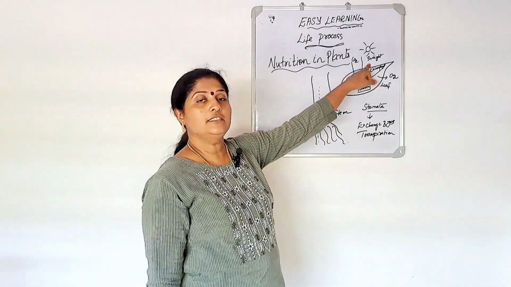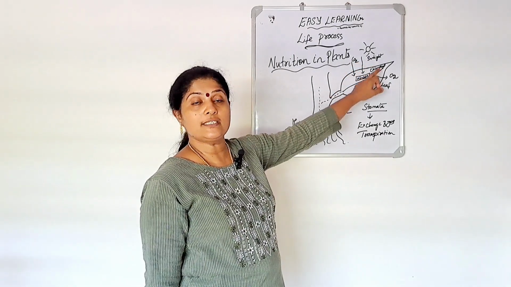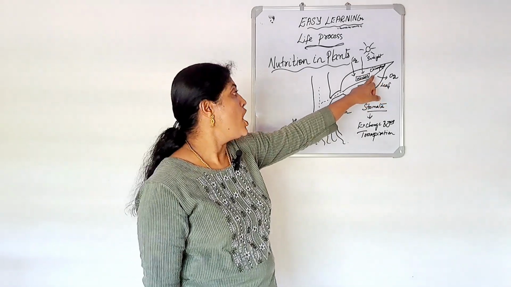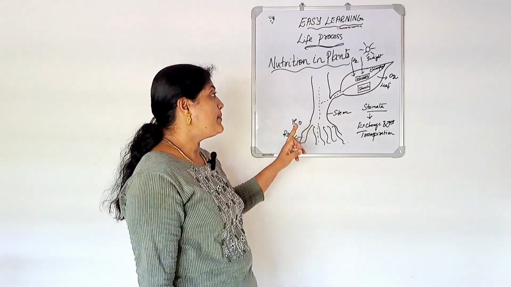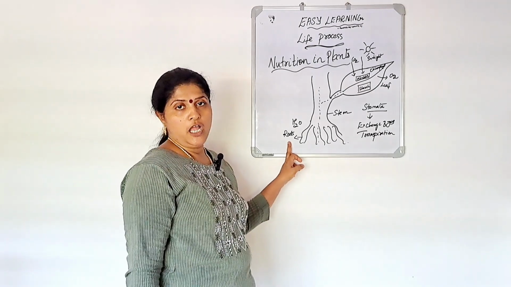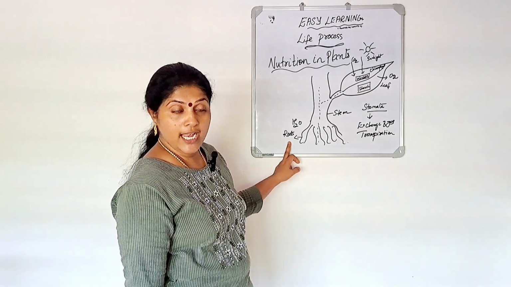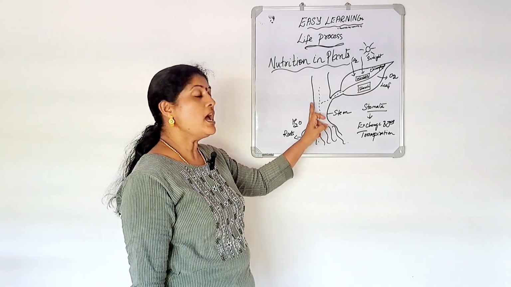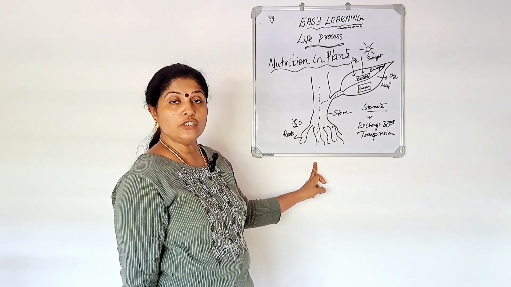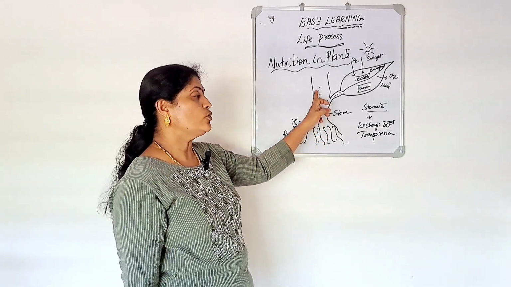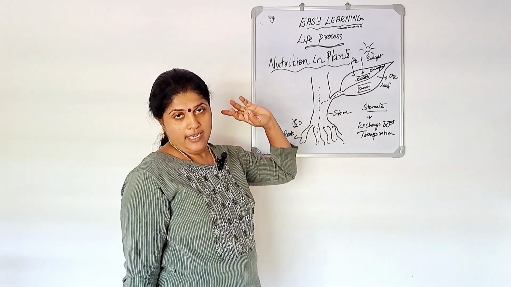The sunlight energy present in the atmosphere is taken into the leaf with the help of chlorophyll. Then the water present in the soil is absorbed through the roots. From the roots, it passes through the stem and then reaches the leaves.